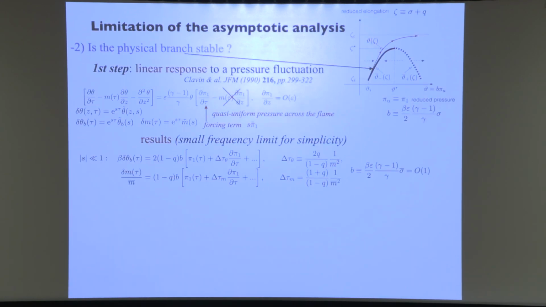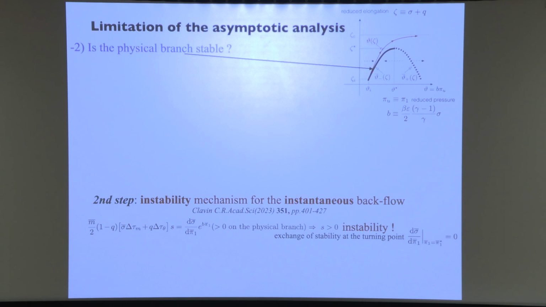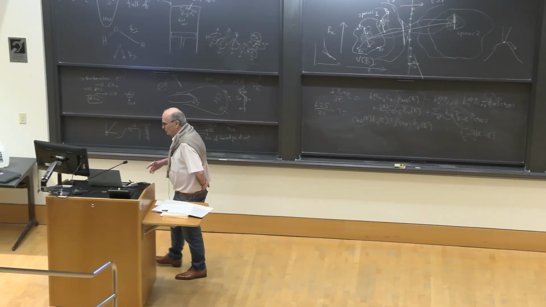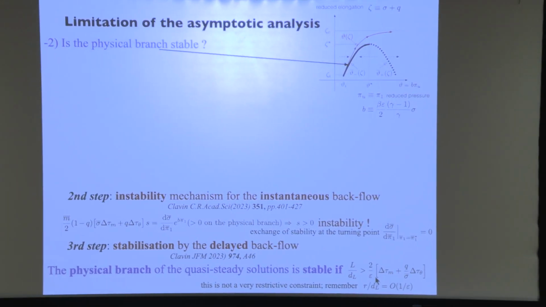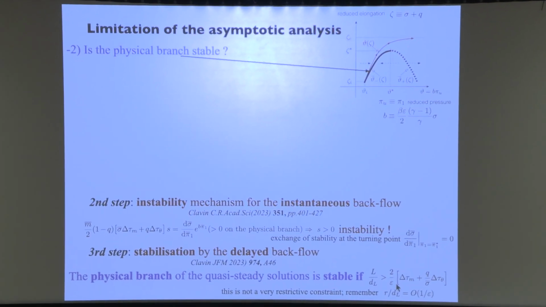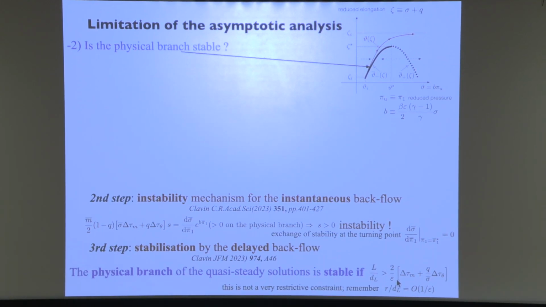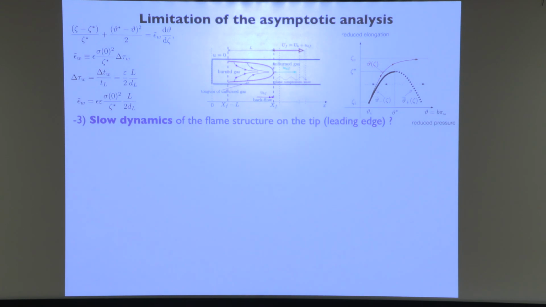This is true if the length, here is a more detailed relation, the length of the finger flame is sufficiently long, so that the delay introduced in the backflow is sufficiently large and balances the natural instability of the flame. So this is in 3 steps, but I will stop.